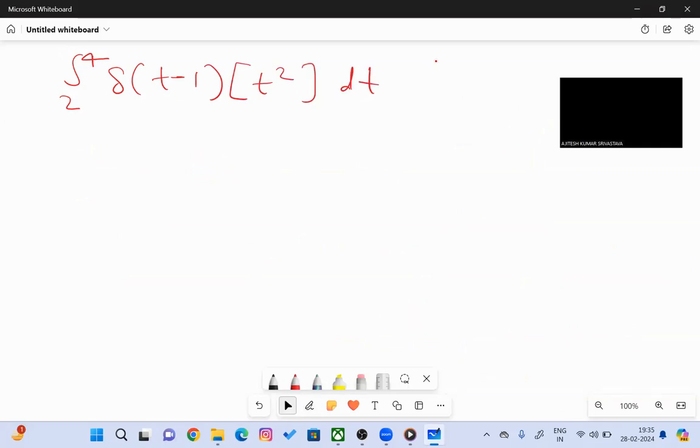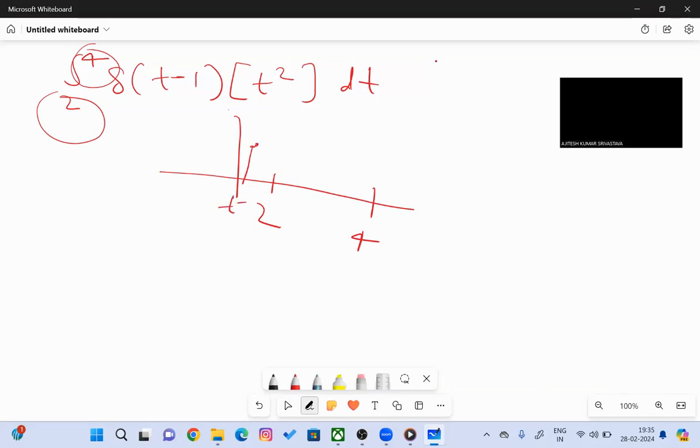If you think about this integration, the limit is from 2 to 4, and our delta function is present at t equal to 1. So this integration is not defined, because this delta function is present at t equal to 1 only, and the limits vary from 2 to 4. So this integration can't be defined.